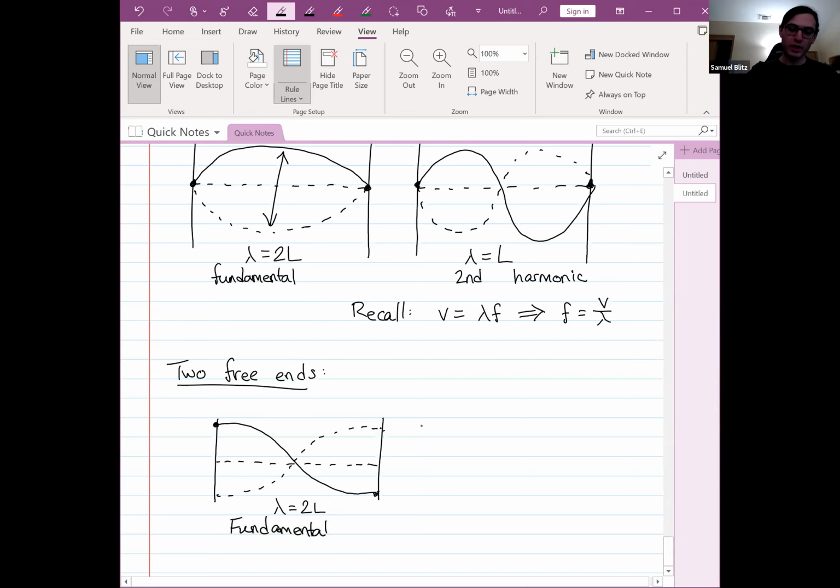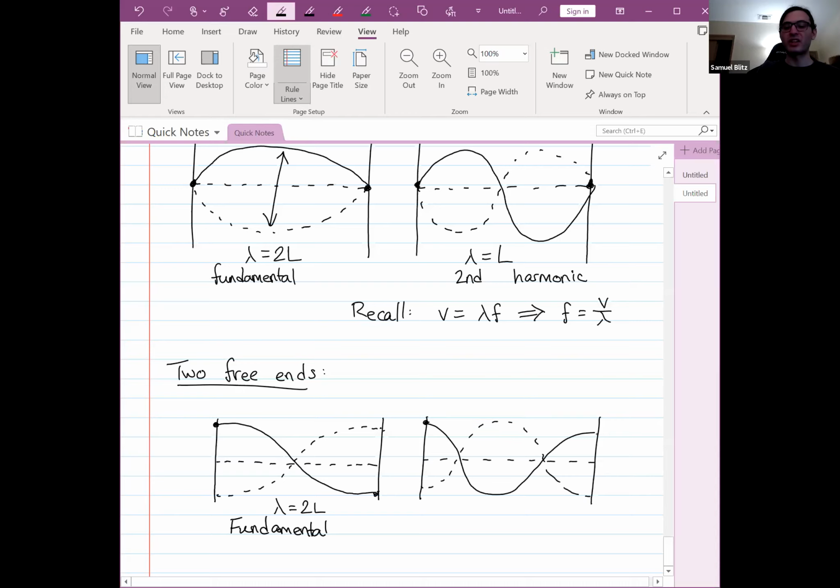Okay. What about the second harmonic? Well, if this has 1 antinode, we need 2. So we still know that the ends have to be antinodes, but we need 1 more antinode in the middle. So we can draw it like this. Oops, that's terrible. Actually, that's not terrible. That'll do.